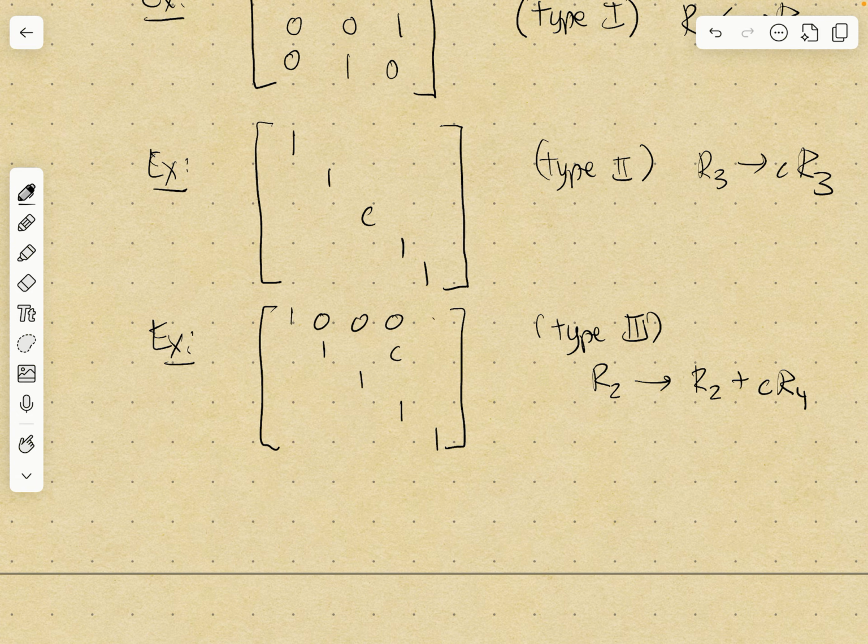So you're going to get this matrix. So these are all examples of elementary matrices. Okay, we'll take a look at some properties of elementary matrices in the next video.